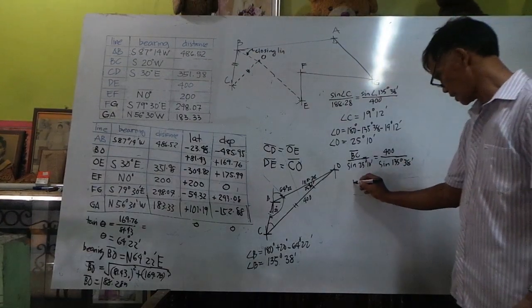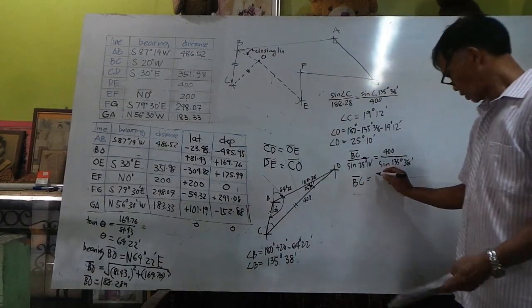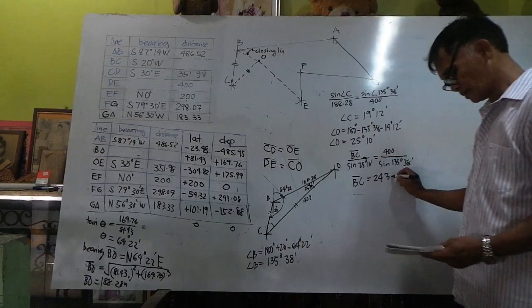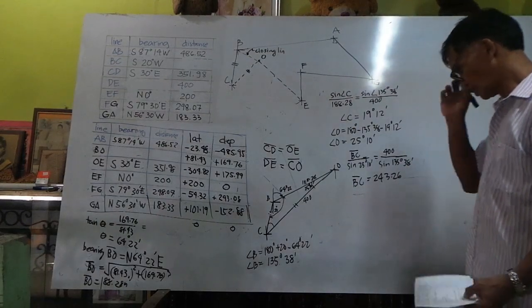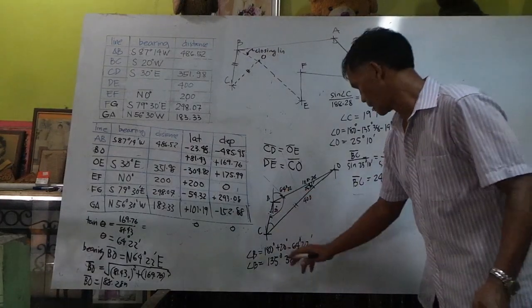Then the length of line BC is equal to 243.26.